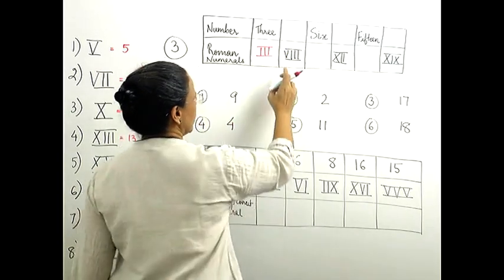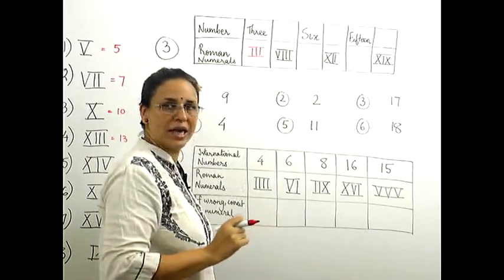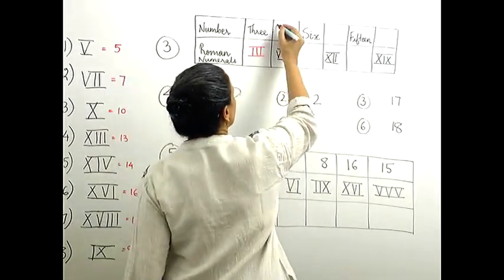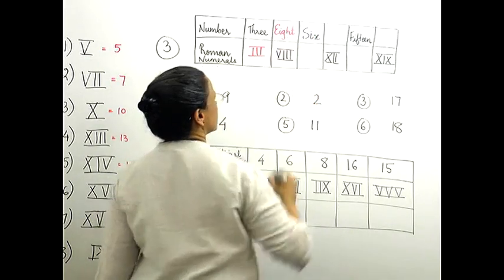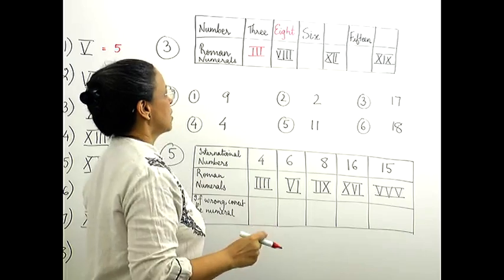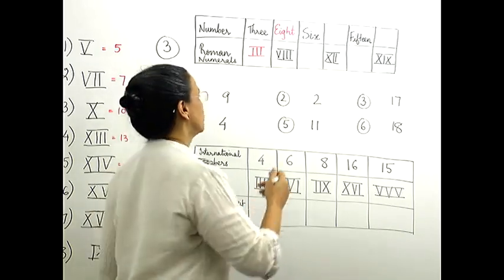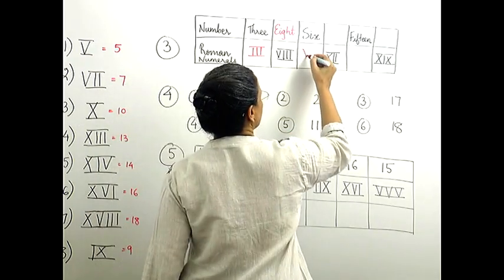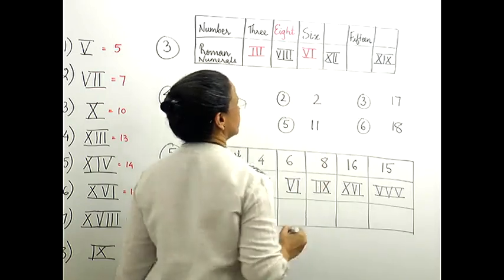Now which number have they given here? 5 plus 3 gives you 8. So we will write over here E-I-G-H-T, 8. Next number that they have written is 6, and we have to write it in Roman numerals. So we will write it as 5 plus 1, which will give us 6.